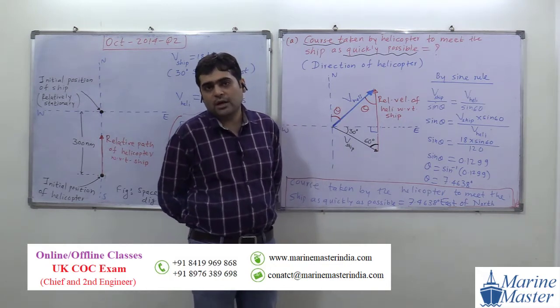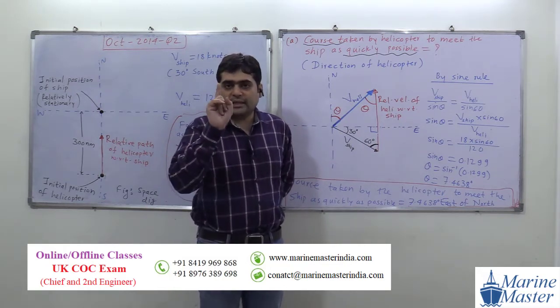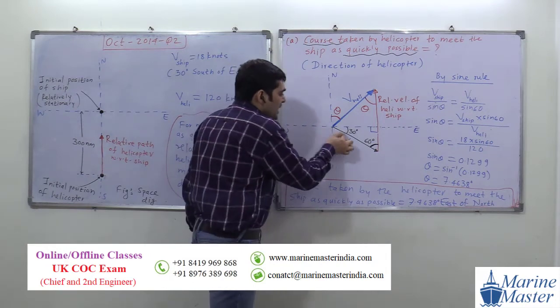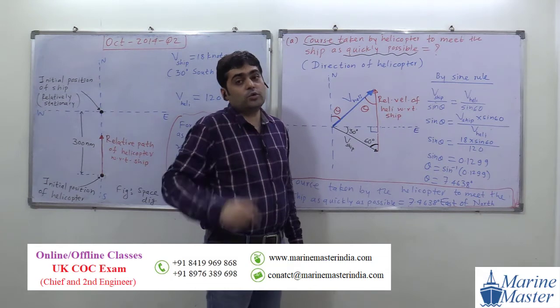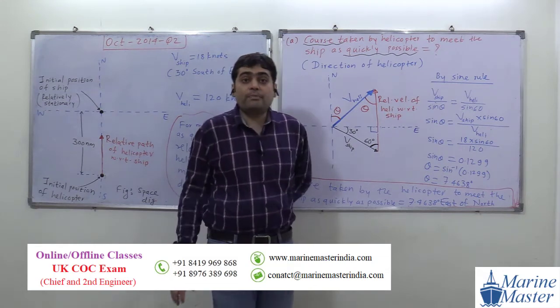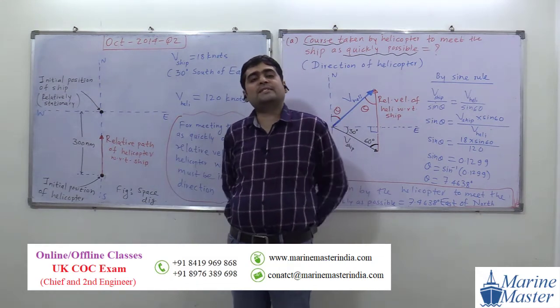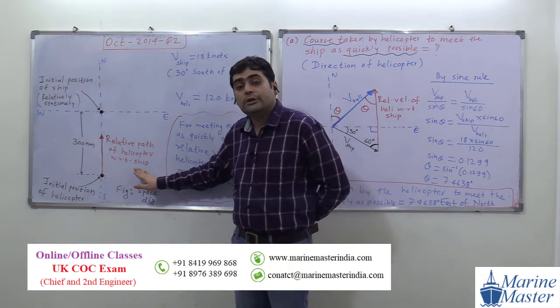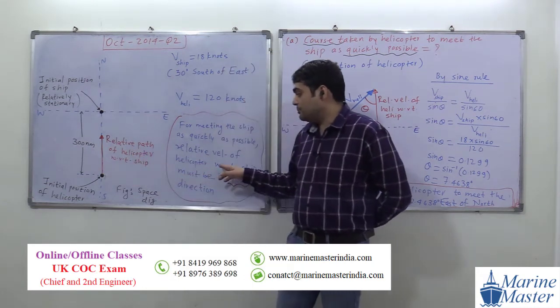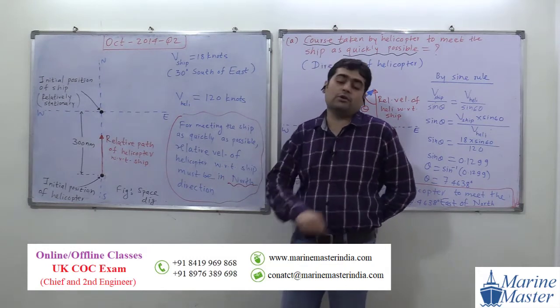We only know the direction of the ship. The direction of heli is unknown to us. So why have we drawn the space diagram first? Because from this space diagram, we got the direction of the relative path, and whatever the direction of the relative path, that will be the direction of the relative velocity.